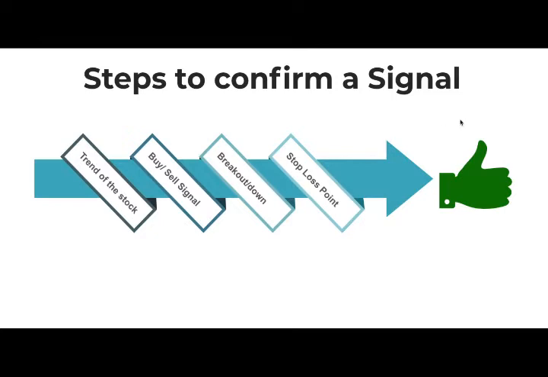In the same way, if the stock is in a bearish trend, you will go for a sell signal. If you find a sell signal, you will take the short position in the stock. That's it, as simple as that. But don't go against each other, like don't go for a sell in a very bullish trend, don't go for a buy in a bearish trend, simple.